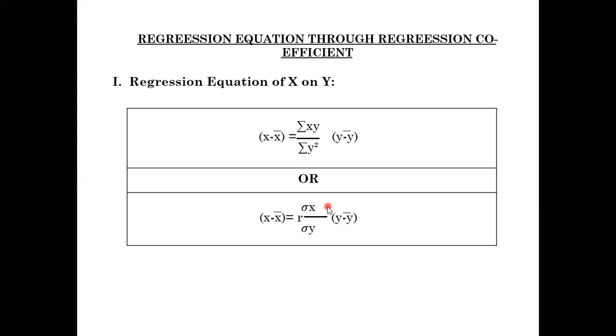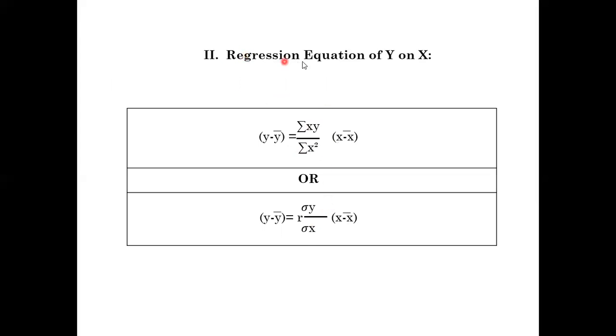Now, the regression equation y on x. For y on x, the formula is y minus y mean is equal to sigma xy divided by sigma x square, into x minus x mean. We use this formula for the y on x equation.